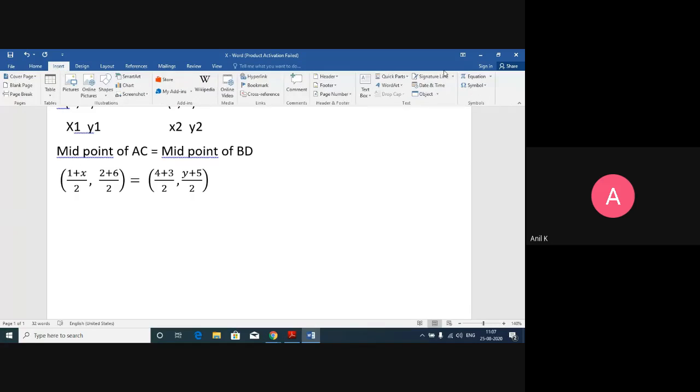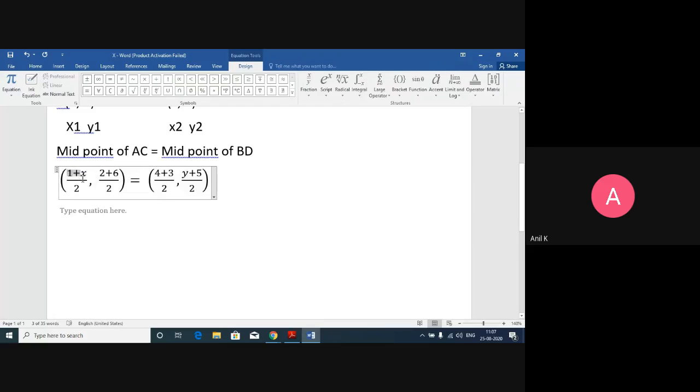If the corresponding x coordinates are equal, what things will be equal? 1 plus x upon 2 must be equal to 4 plus 3 by 2.